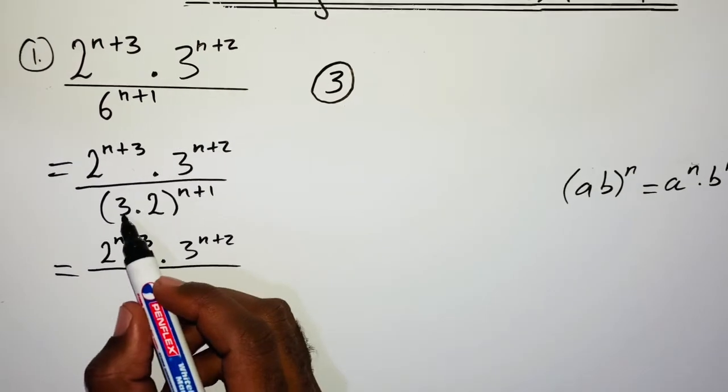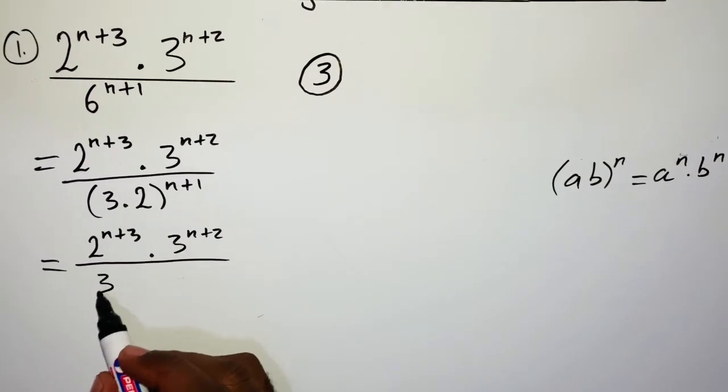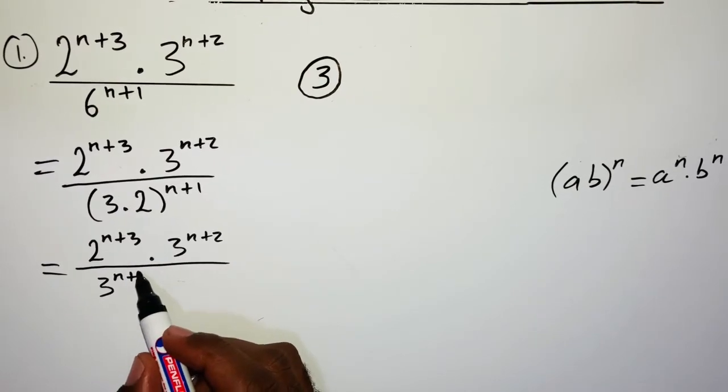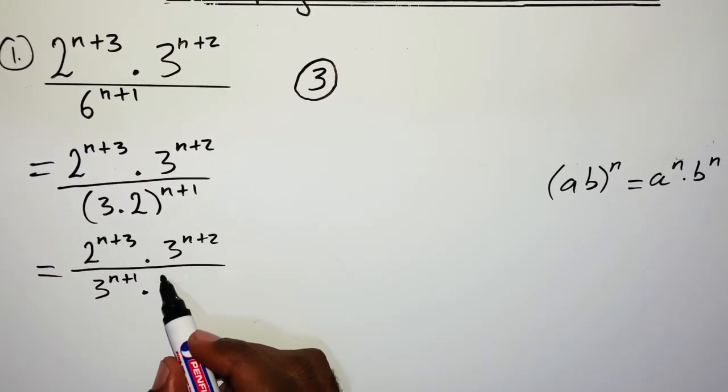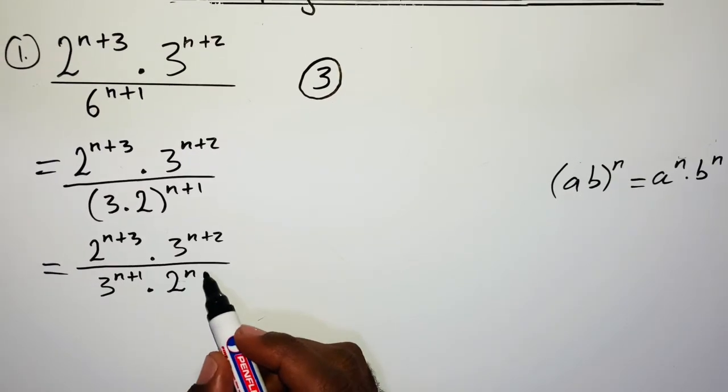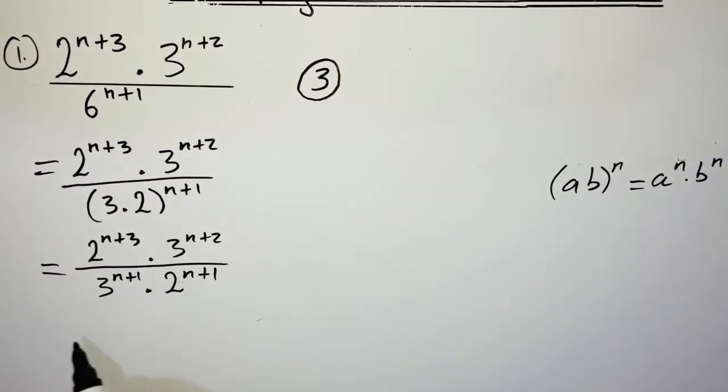So we'll take 3 to the n plus 1 times 2 to the n plus 1.